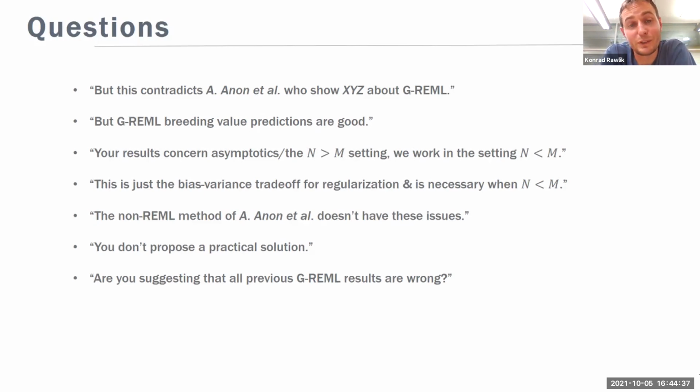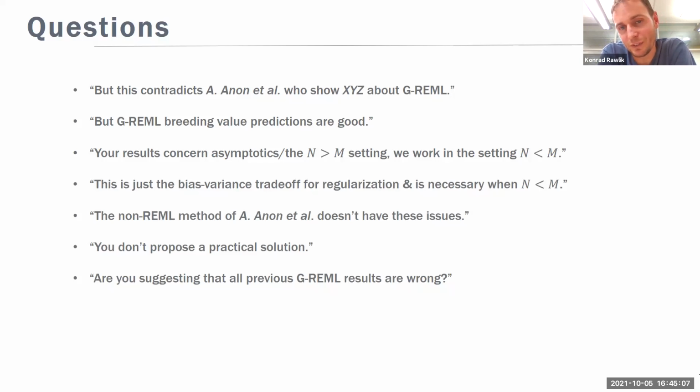Another thing which people complain about is that I only talk about asymptotic results, or things which should only work when sample size is larger than the number of markers. Actually, in the paper, we have results which span the whole spectrum. The result, if you look at it closely in the slides, depends on inverting a matrix, which is only invertible when n is bigger than m.